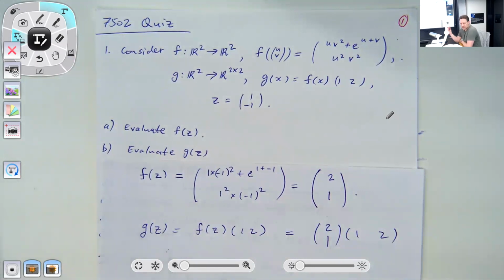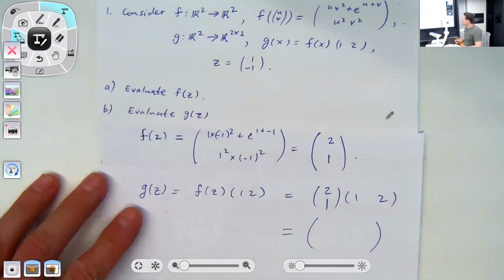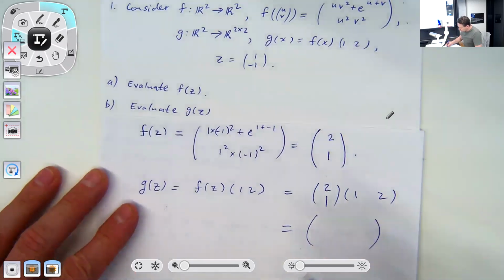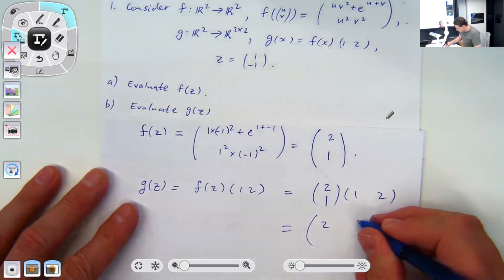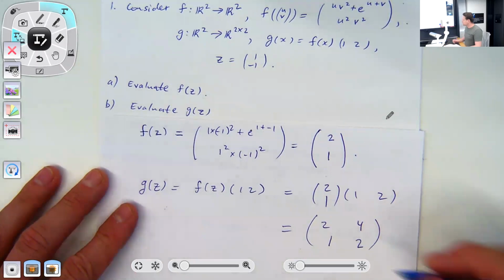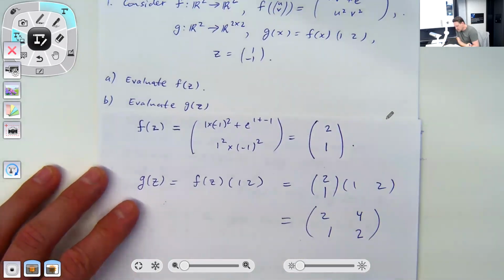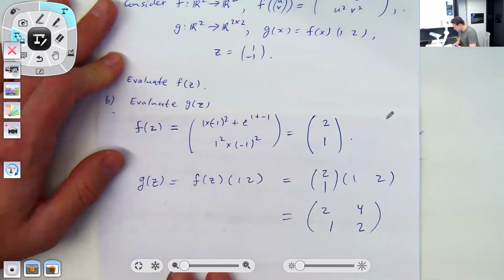Now we're expecting to get a 2x2 matrix out of this, remember? So we have 2 times 1 is 2, 2 times 2 is 4, 1 times 1, and 1 times 2 is 2. Great, so that one's finished.